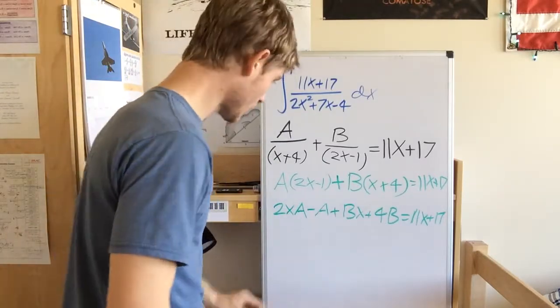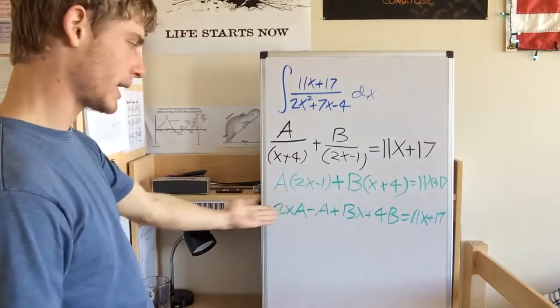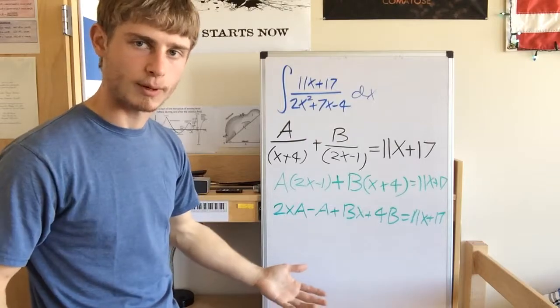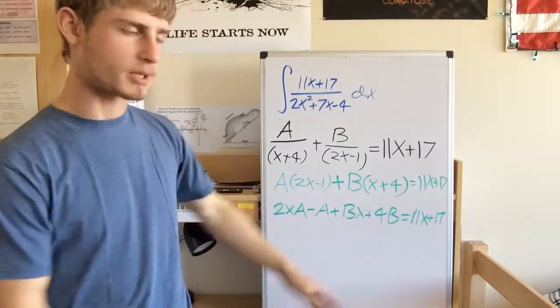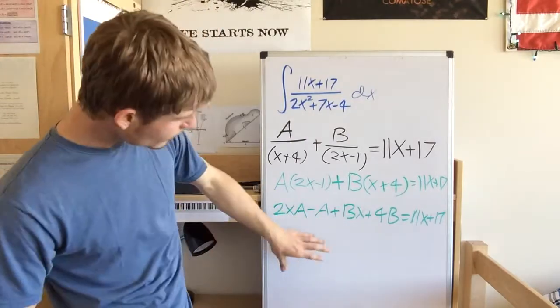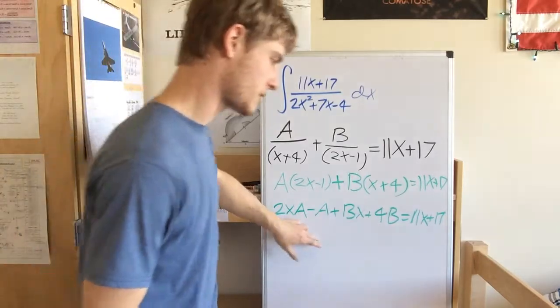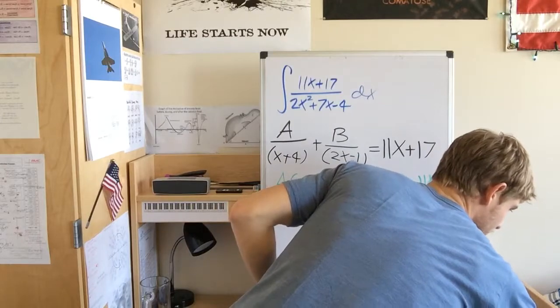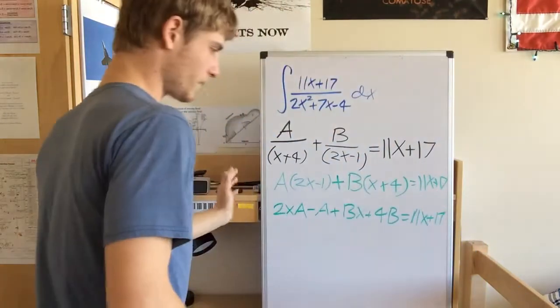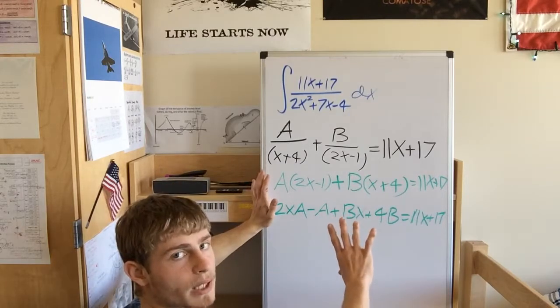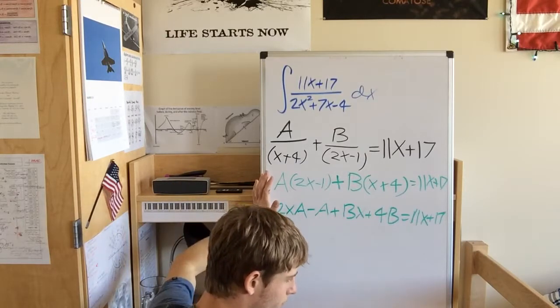So now what do we have to do? Well, we need to group all of our A terms, and we need to group all of our B terms, and we need to group our x terms, and get everything together. So we're going to pick our B's and our A's. Let's put x's on the top, and let's put B's on the bottom.